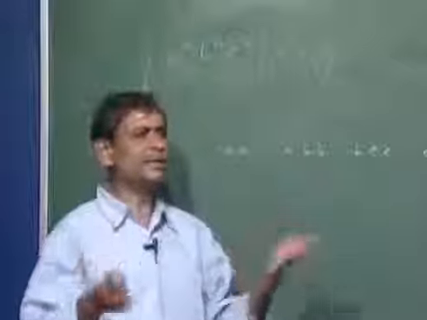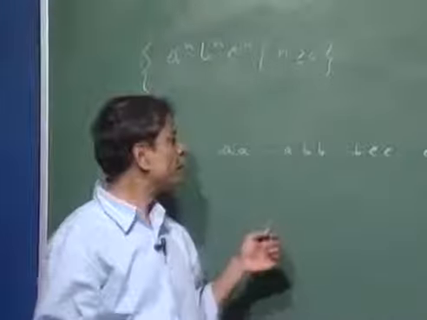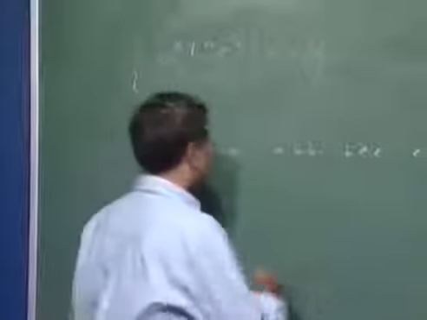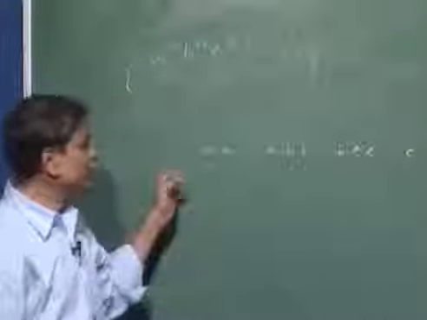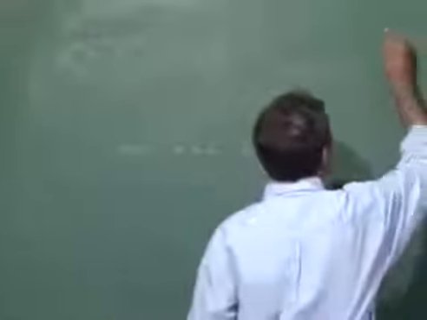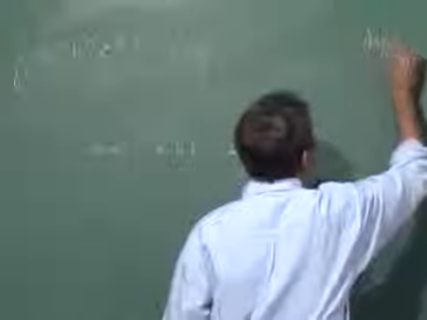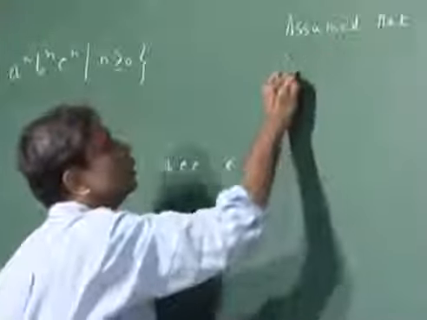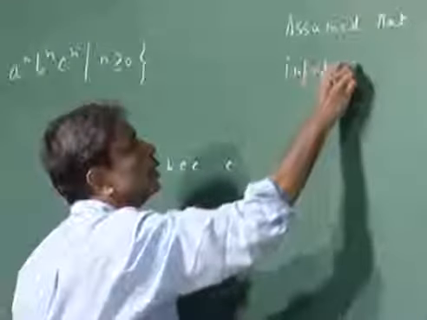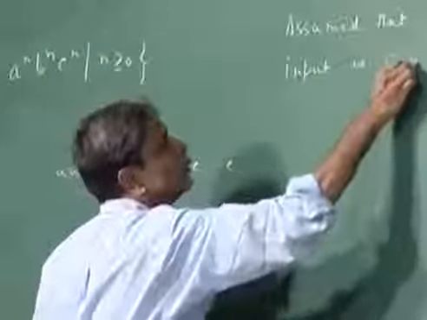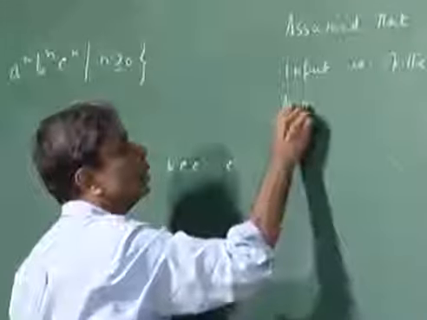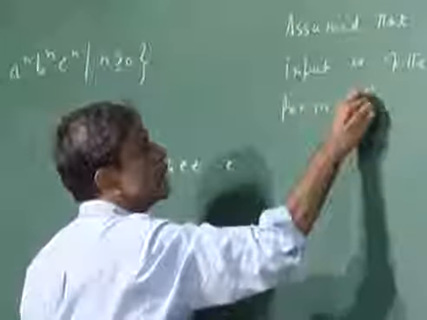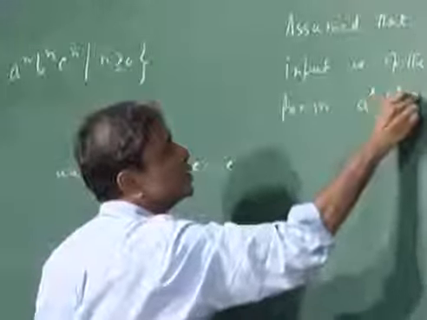Of course, in general input could have been anything, but let us at least assume that the input is of the form A star, B star, C star.